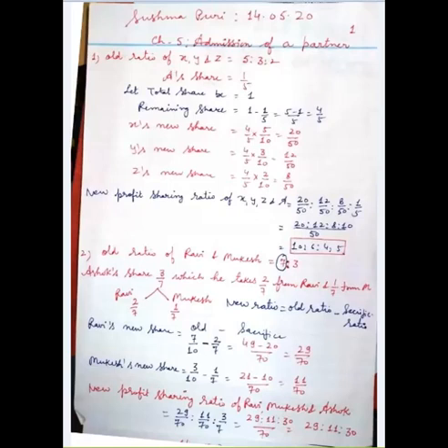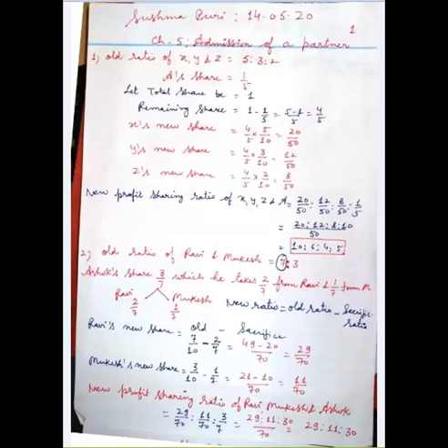So Ravi's new share is old minus sacrifice. His old share is 7/10 and he is giving 2/7. So 7/10 minus 2/7, 49 minus 20, is 29/70.